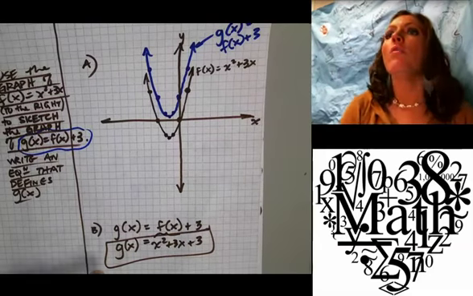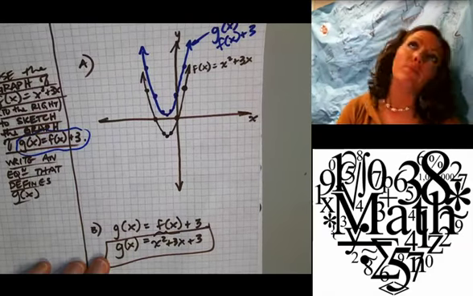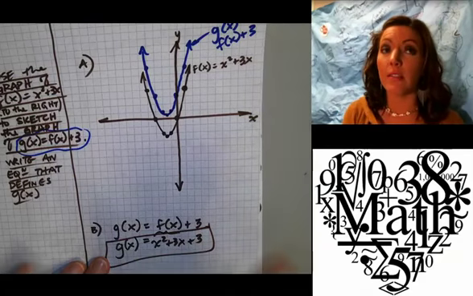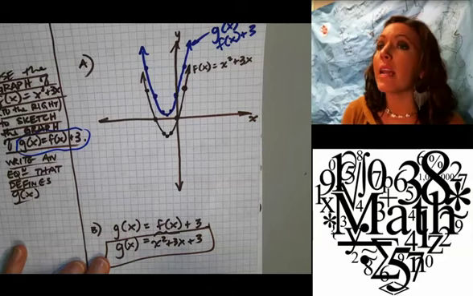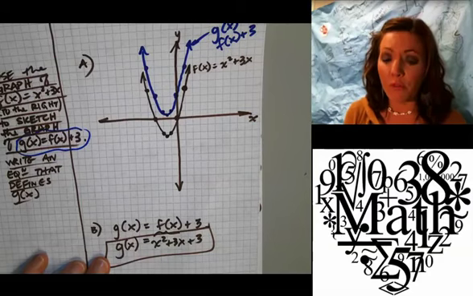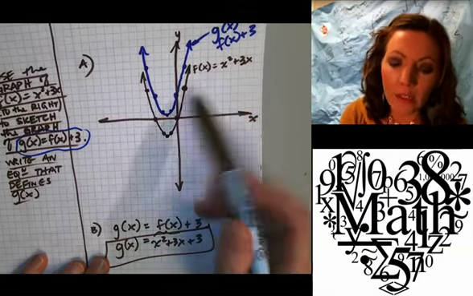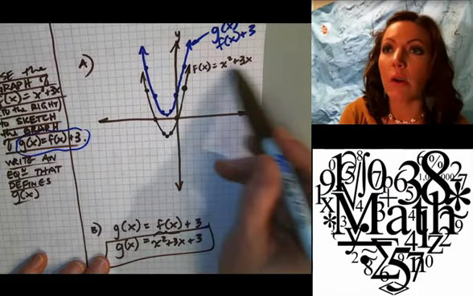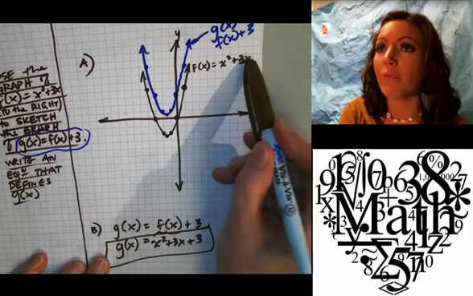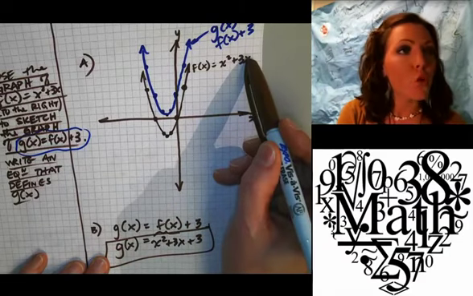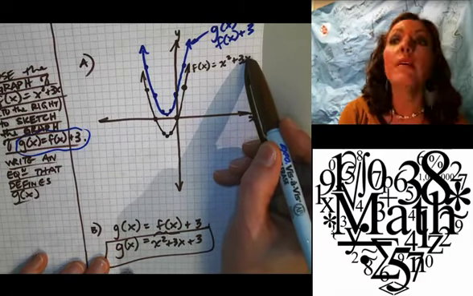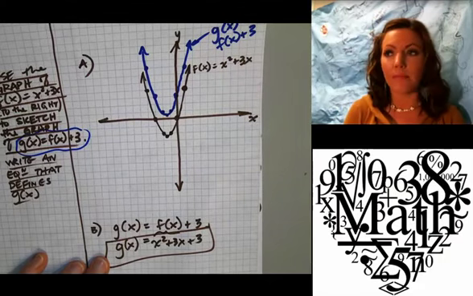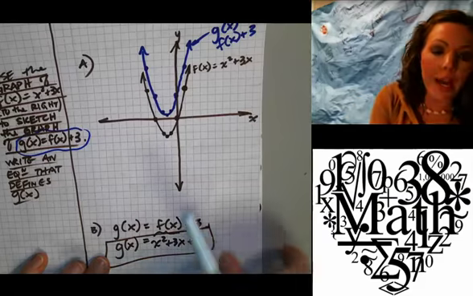Okay, so remember we spent the first, very painful day of notes in this unit making tables. If we were to make a table and plug in 1 into this expression, we would get 4. And again, 0, 0. So that's the shape that comes out of this graph. We also learned a trick yesterday to graph it, but does that answer your question? Yeah. Okay, other questions? Okay, so that's the first part.